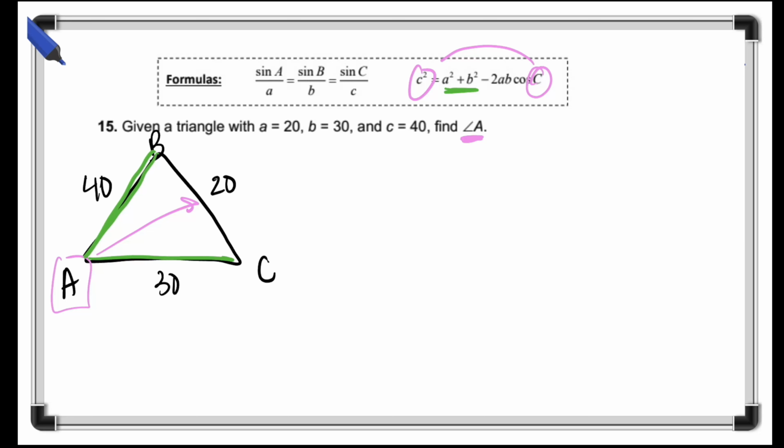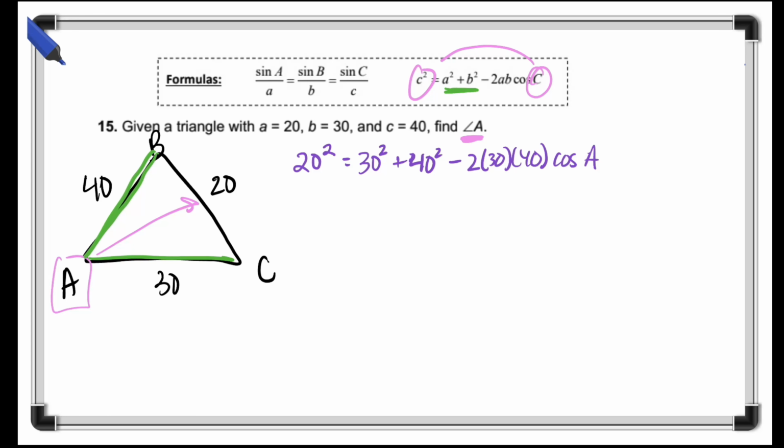So when we're going to write this, you are going to put 20 now on where the C is, even though it's not technically C. So you got 20 squared is equal to the sides that make up the angle. You got 30, you've got 40, you've got 2 minus 30 and 40, and then you've got cosine of angle A that you're trying to find.